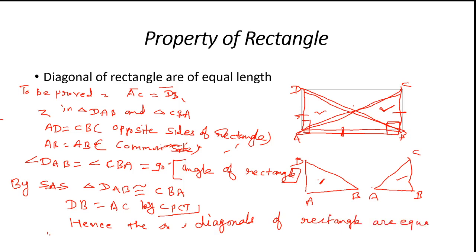So this is the special property of a rectangle. Along with all the properties of a parallelogram, it has this special property: the diagonals of a rectangle are of equal length.